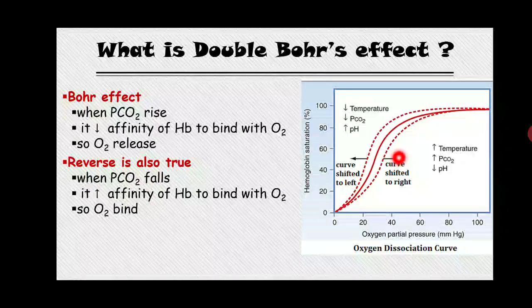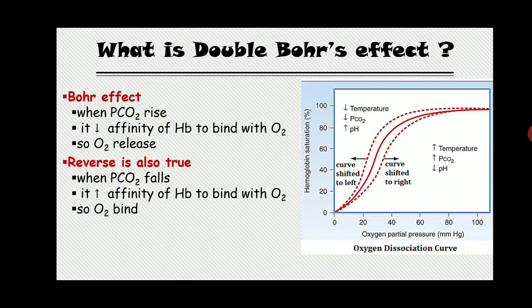So the HbO2 curve in the fetal blood will shift to the left, and as the maternal blood gains more carbon dioxide, the maternal HbO2 curve will shift to the right. So the Bohr effect at the level of the placenta operates in two directions, right? One direction in the maternal circulation, a right shift. Another direction in the fetal circulation, a left shift. It is known as the double Bohr effect, and this double Bohr effect will provide enough oxygen to the fetal circulation, obviously along with the fetal Hb.